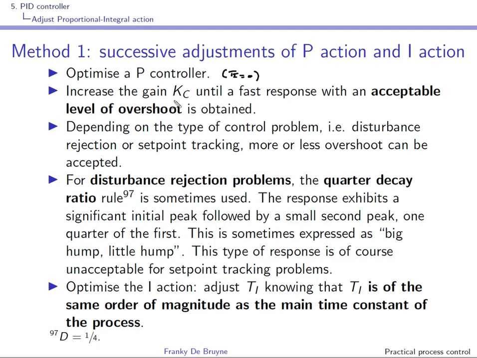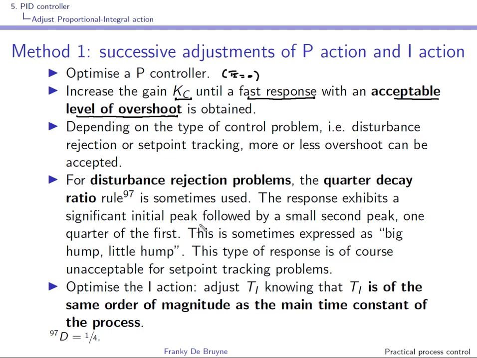So what you do is increase the controller gain until you obtain a closed loop response that is fast enough. Remember that the controller gain is used to tune the speed of response, and with an acceptable level of overshoot. What does acceptable level of overshoot mean?